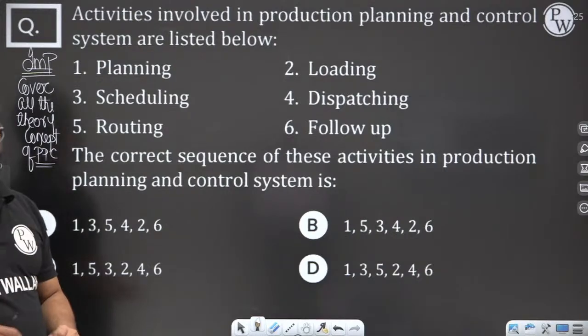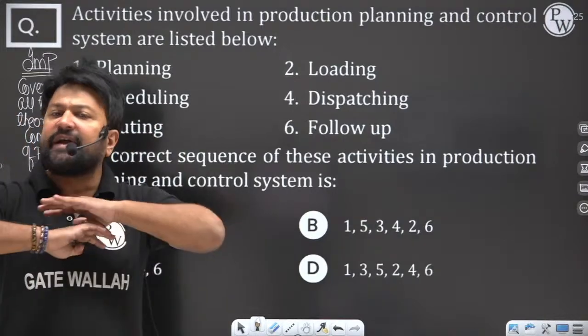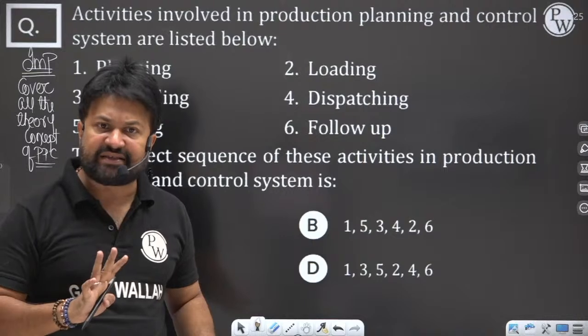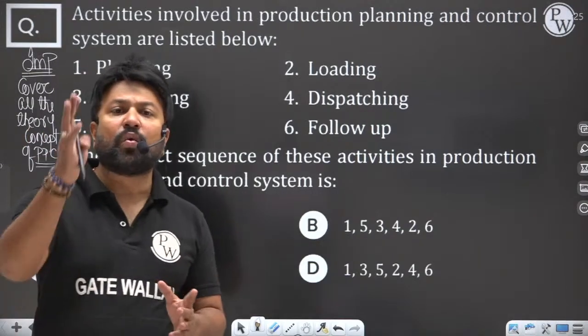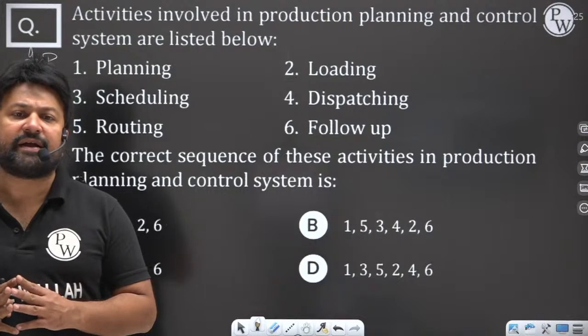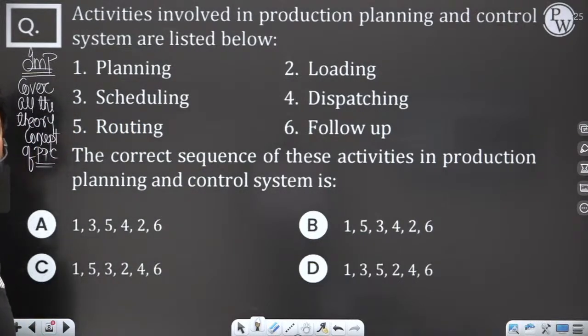Then the third term is balancing. It is a process of ensuring that the individual workload on each of the machines is more or less the same. Next is your scheduling. It answers the question of when a work will be done, within what time it will be completed.